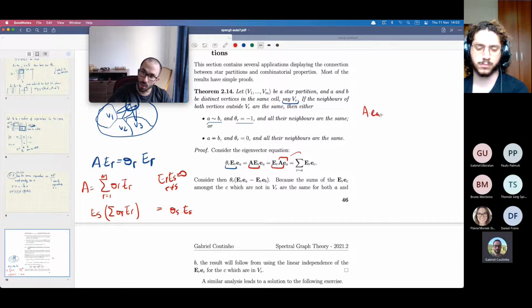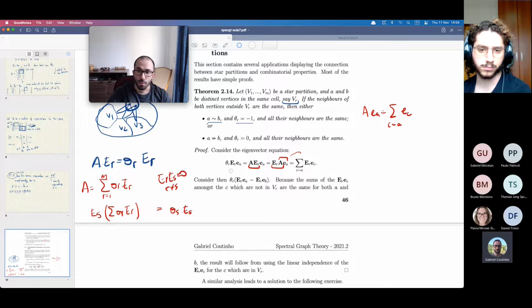A times E sub A is the sum of the neighbors of A. Right? This is the definition of the adjacency matrix. So that's it. This is what I get, right? So this is simply the eigenvector equation applied at a particular eigenspace. It's quite a useful thing. We have that this is equal to this.